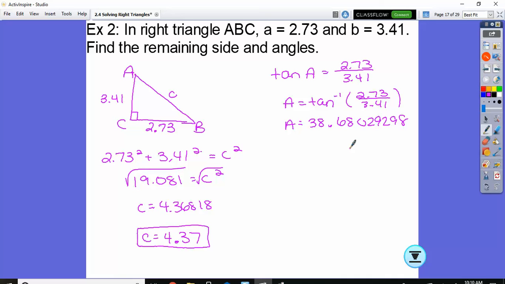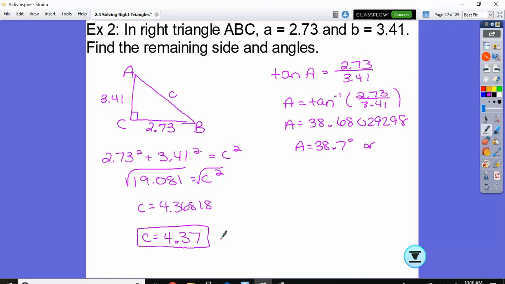So we get this. We had 3 significant digits for the sides, so if I round this to 3 significant digits, that would be 38.7 degrees. I also want to talk about how some of the homework problems say to give it in degrees and minutes.